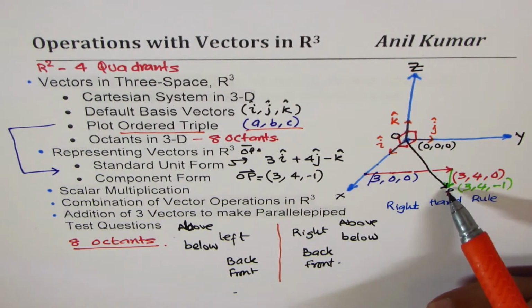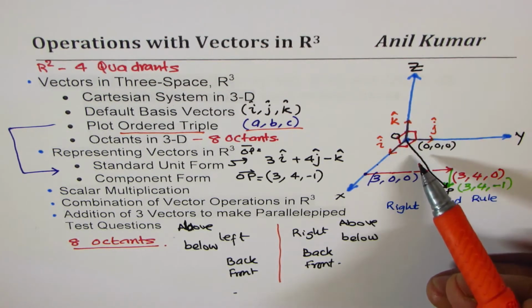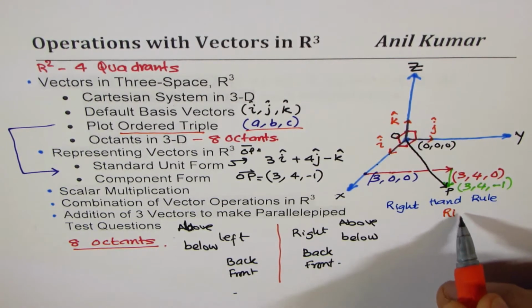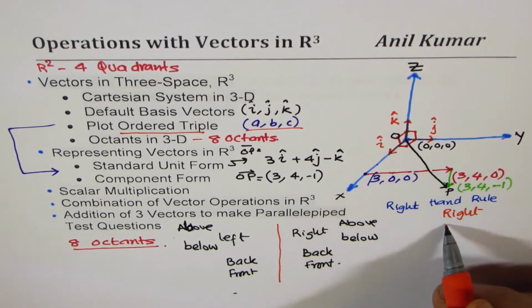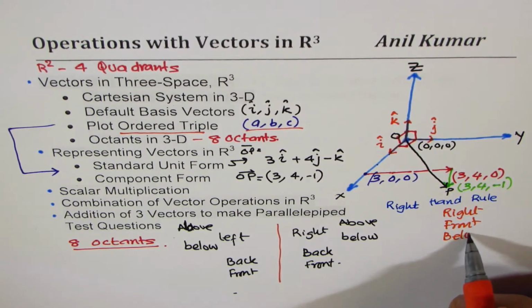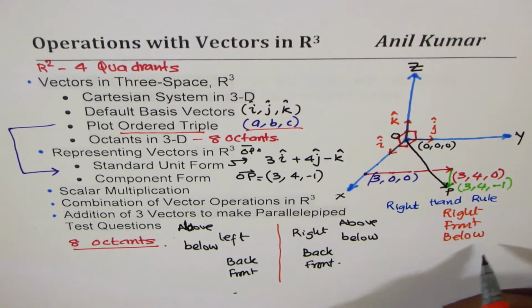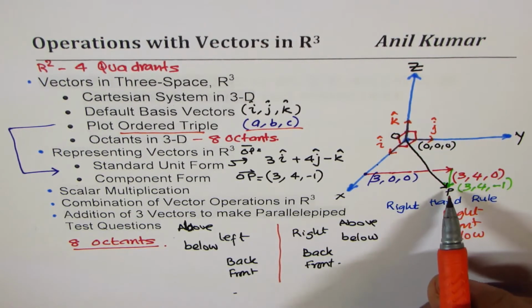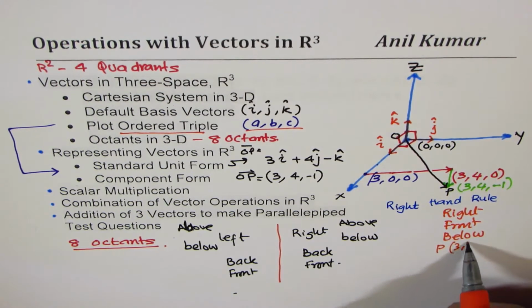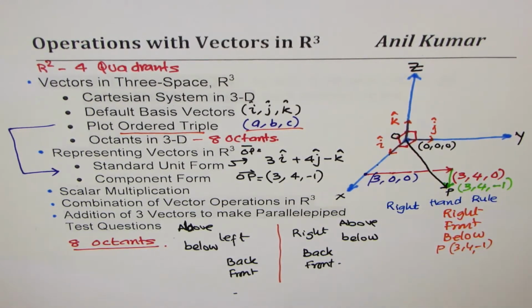The position which we just mentioned here, this particular vector, is on the front side, correct? Right front. So this position for P will be right, in the front and below. So that becomes the octant in which point P will lie, which is (3, 4, -1).